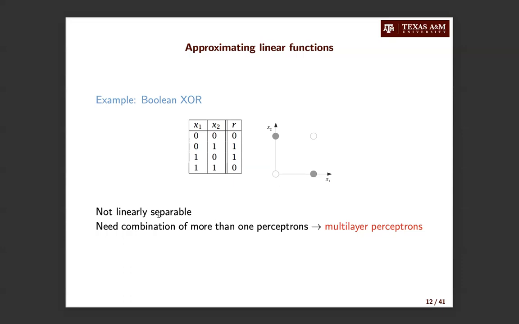Otherwise, the result is 1. So we can see that Boolean XOR results in data spaces that look like this, where there is no line that can correctly separate these 4 samples into the 2 assigned classes. And what I meant by this is that there is no single line that can represent those 4 samples.